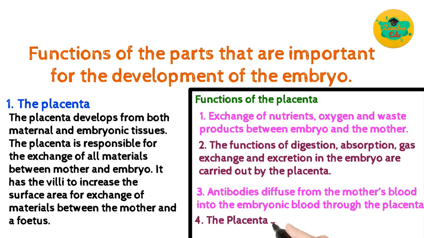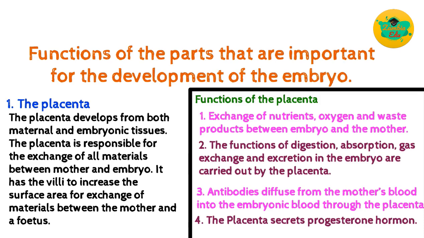Number 4, the placenta secretes progesterone hormone. The progesterone hormone helps to regulate the development of the embryo during pregnancy. Now, you will have to note that it is important that the fetal blood does not mix with the maternal blood in the placenta. All exchanges take place by diffusion.